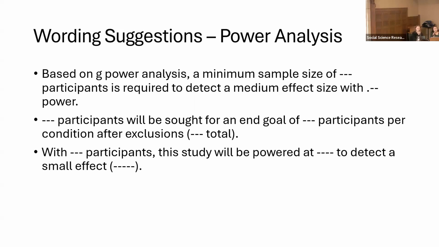You also might say something like, 200 participants will be sought for an end goal of 180 participants per condition after exclusion, 200 participants in total. So why do we say this with exclusion? G*Power might say that you need 90 people per condition, so you need 180 people total. As researchers, we know that not all data is good data.